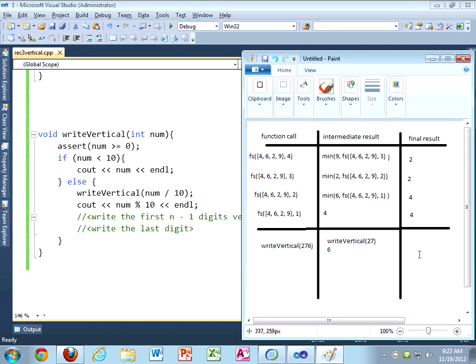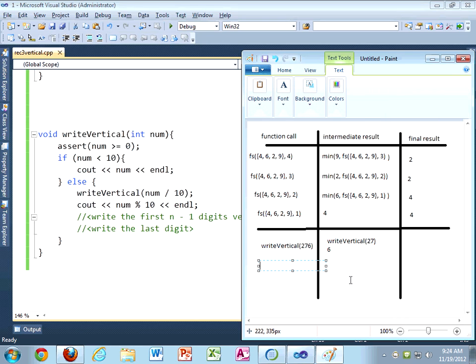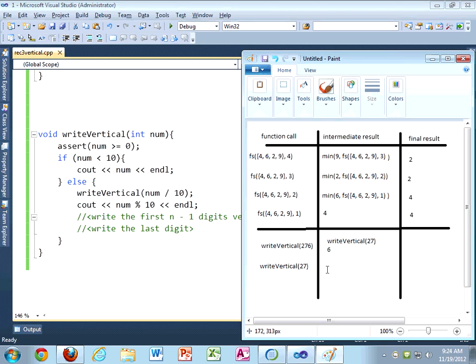Okay, can't do our final result yet. Now you see here, this is just kind of a made-up notation that I'm using as a way, in my mind, to represent what's going on here. There's nothing formal about this at all. So we need to know what the result of right vertical 27 is going to be.